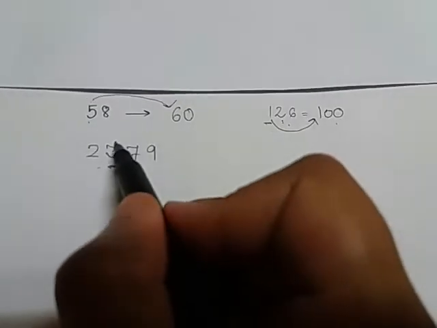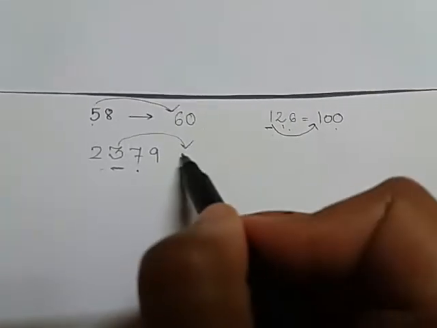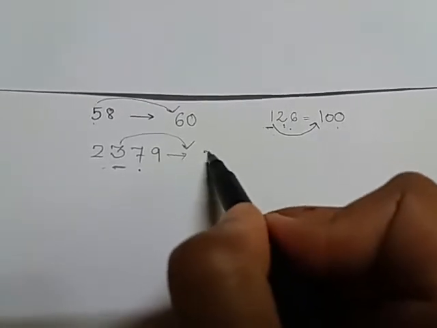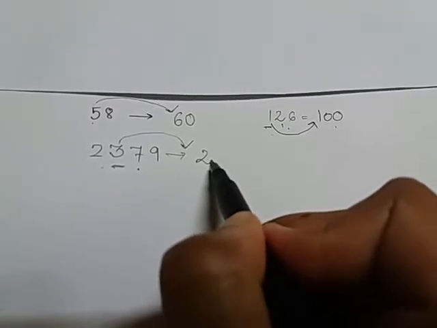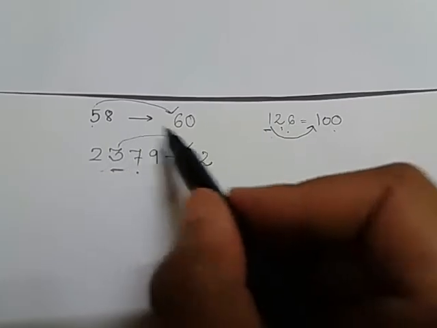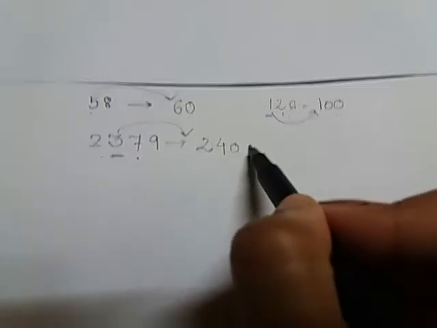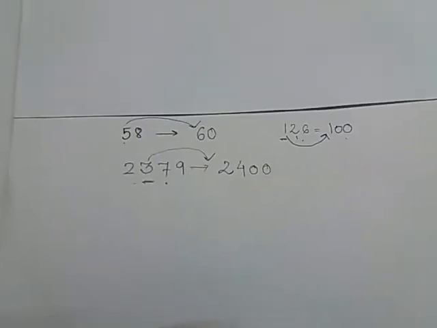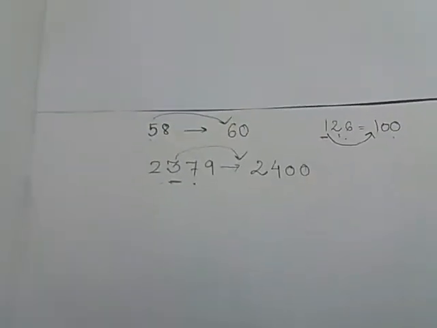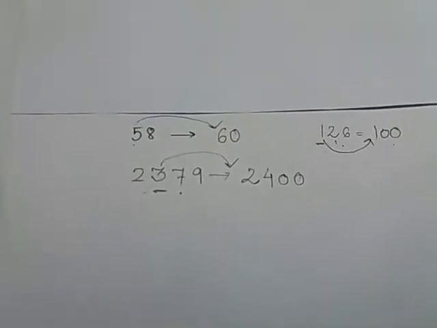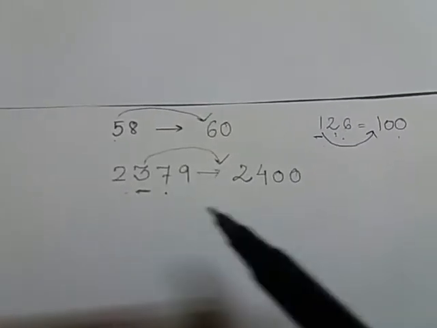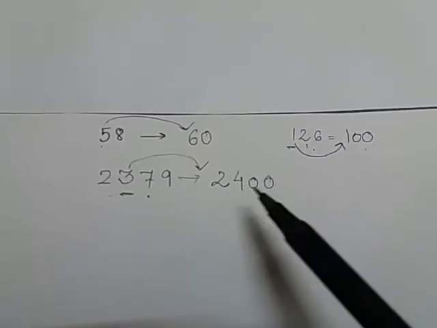As a result, this number will round up. The 2 will remain the same because it is at the 1000 place. 3 will round up to become 4 and the rest of the place values will become 0. So I can say that the round off of 2379 to nearest 100 is 2400.